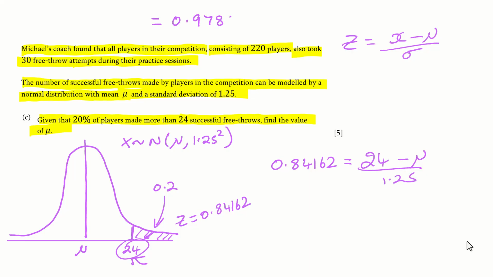That's just a case of solving on the calculator or just rearranging here. It's pretty straightforward. So 24 take away 0.84162 times 1.25, and calculating that gives us mu is 22.9.